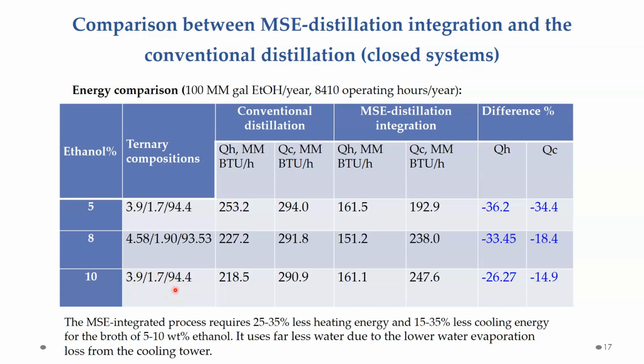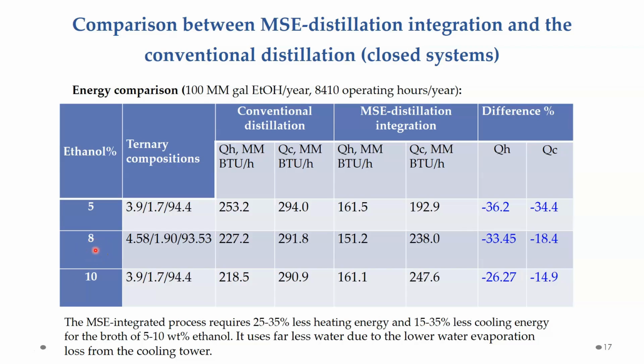Therefore, the lower the ethanol percent in the broth, the more energy saving for the MSE integrated process compared to the conventional process. The MSE integrated process requires 25 to 35% less heating energy and 15 to 35% less cooling energy for the broth of 5 to 10% ethanol.